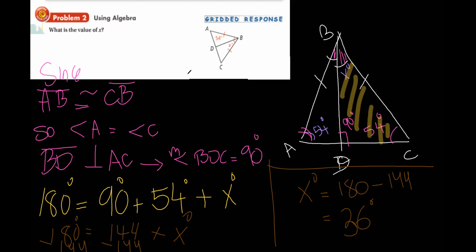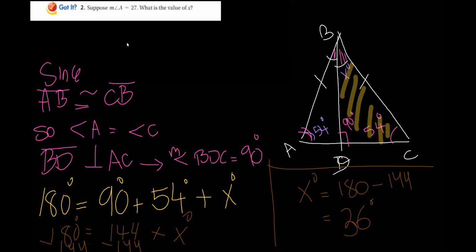Now let's have this one, which has the same idea. Let's solve it to understand more and more. Here, suppose that the measurement of angle A is 27. It's not 54, it's 27.